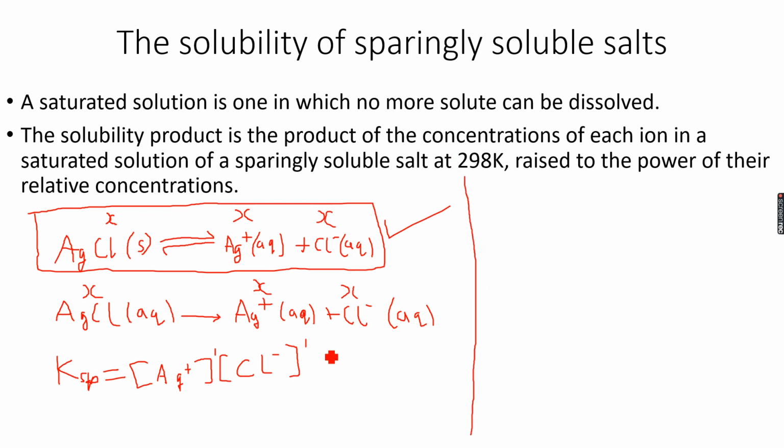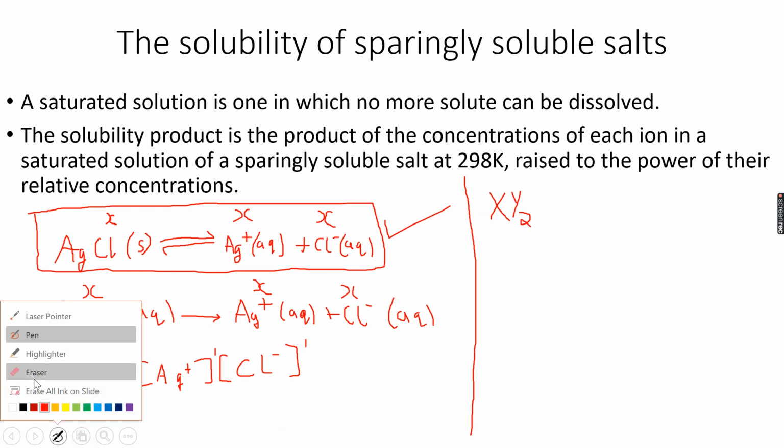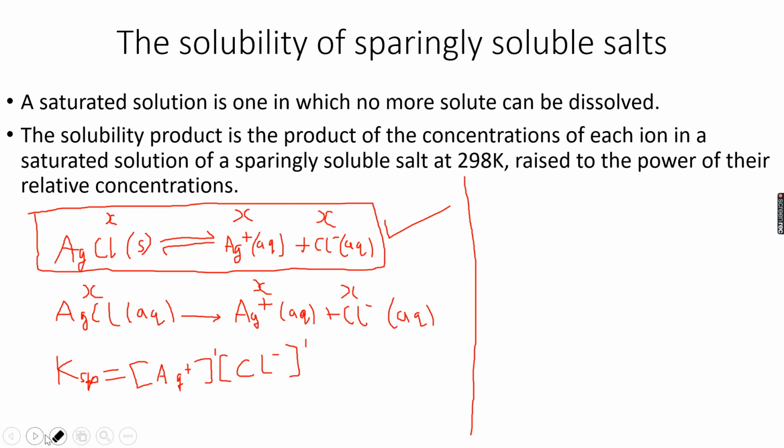But now sometimes we have something different instead of AgCl. Let me take a better example, PbCl2. But first, before we do PbCl2, in the case of AgCl, I said that X amount of AgCl dissolves to get X of this and X of this.